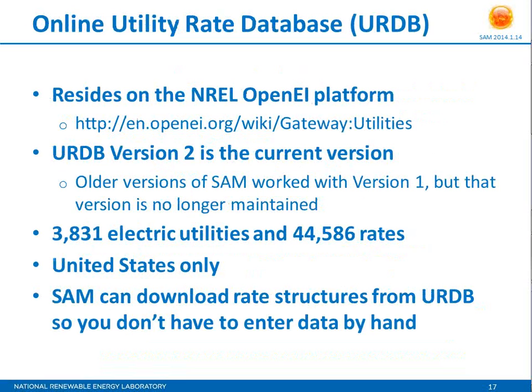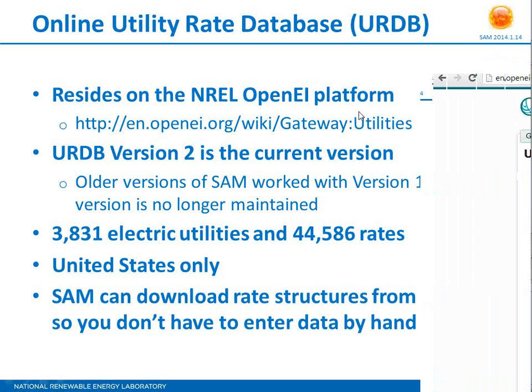All right, now let's talk about the utility rate database. For rate structures that are more complicated than the ones I've been demonstrating here, you can either get the rate sheet and figure out how to enter the data into SAM by hand, or you can use the download feature to download the rate data from this database that's hosted on the NREL OpenEI platform.